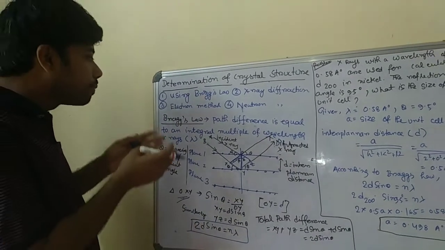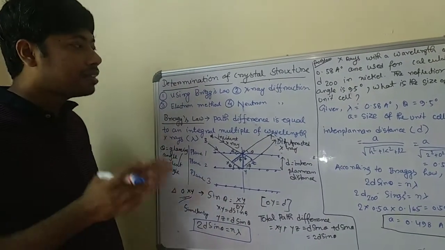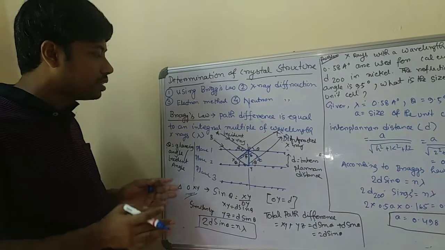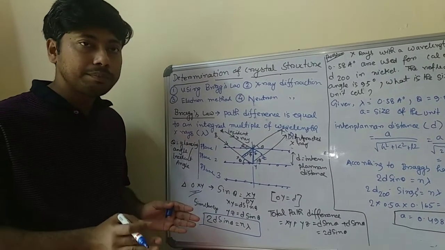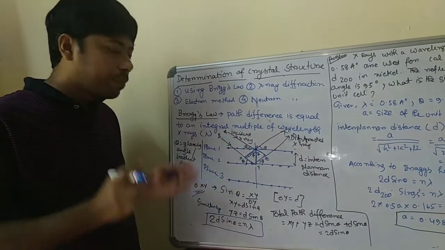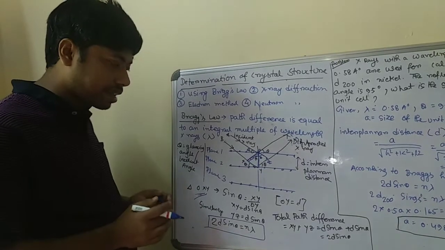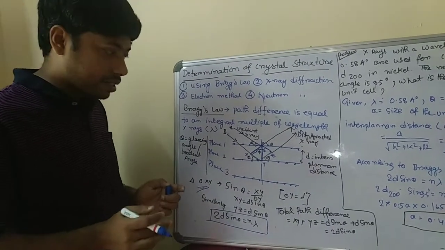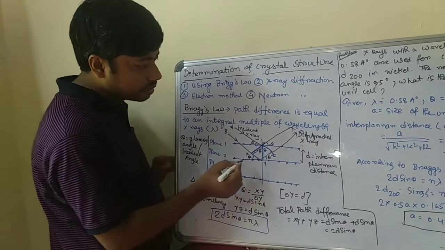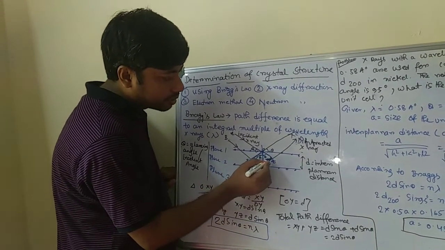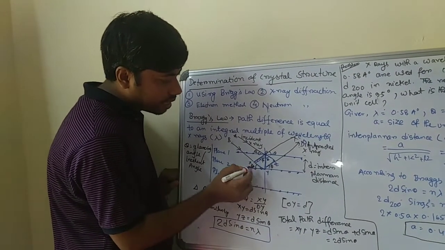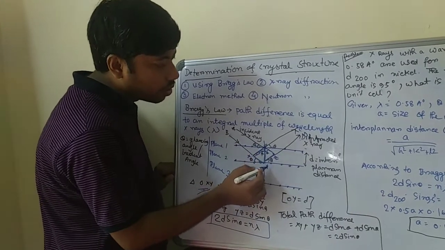Now, Bragg's law states that the path difference is equal to an integral multiple of the wavelength of X-rays. The total path difference is XY plus YZ.